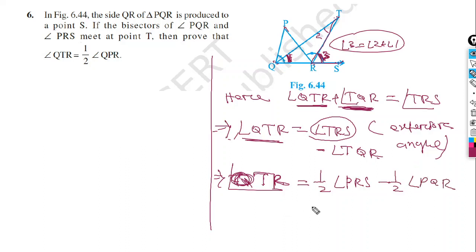Why? Give reason. The reason is this: QT and RT are the angle bisectors. You can write QT and RT are the bisectors of angle, QT is the bisector of PQR and of angle PRS.